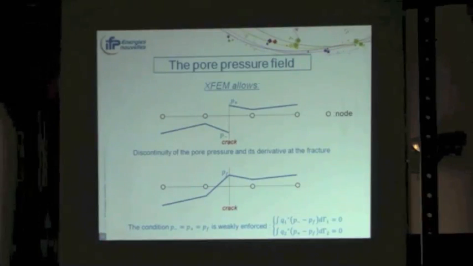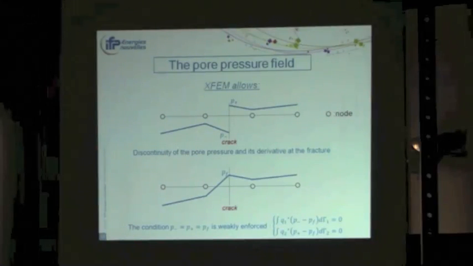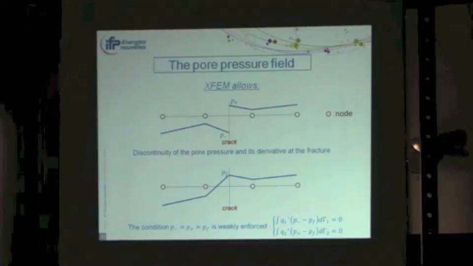And the principle of authority. If you want my advice, the reason is that we would need to have a discontinuity in the derivative of the pore pressure. And this is more difficult to implement.